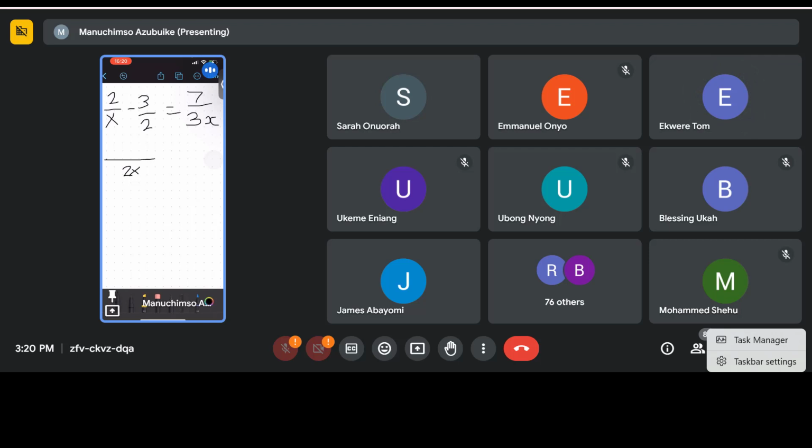That 2 now you're going to multiply with these 2 up here. 2 times 2 is 4. Then what did this 2 here get multiplied by to become 2x? It got multiplied by x. So you're going to multiply this minus 3 now by x. Minus 3 times x is minus 3x, right?